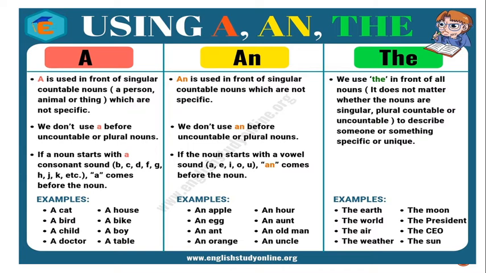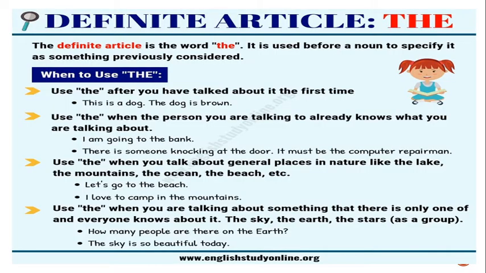If a noun starts with a consonant sound, we have to use article 'a'. If a noun starts with a vowel sound, we have to use 'an'. So these rules we have to keep in our mind always.